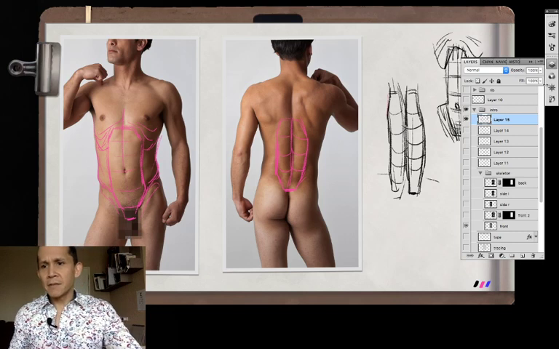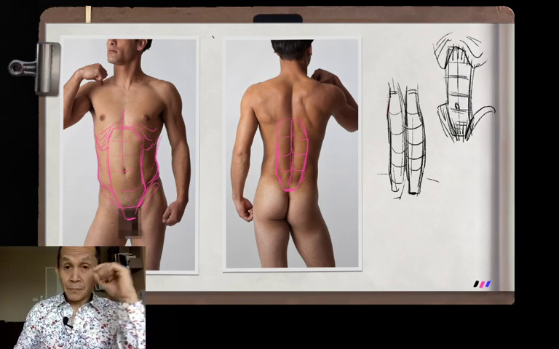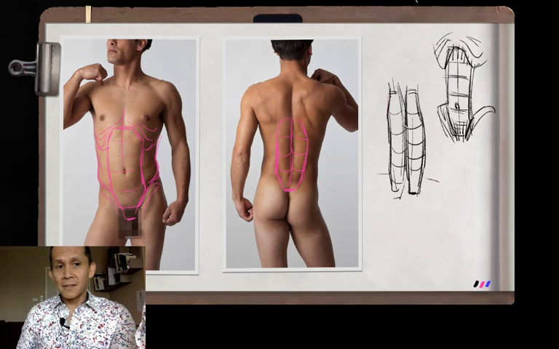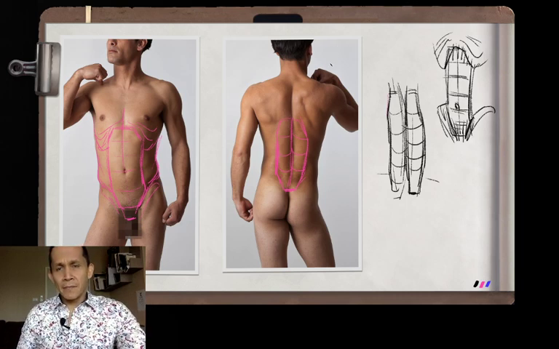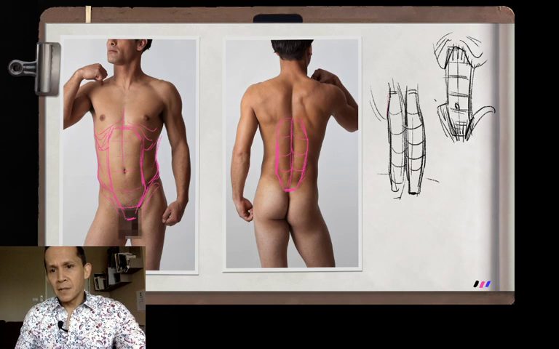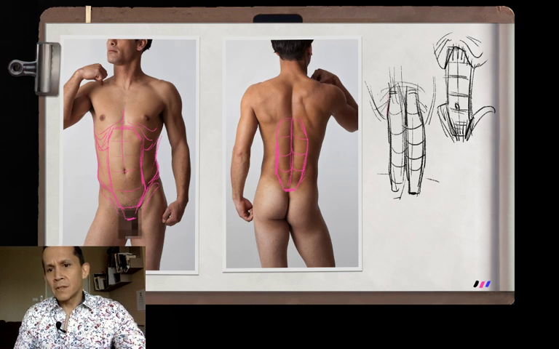Again, there's a lot of stuff to learn, and I think it's best to learn anatomy on your own. It's more of an analytical thing, really, at the beginning.